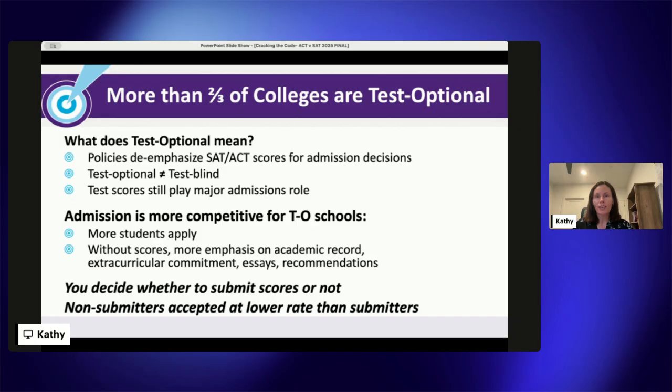One of the results was that once the testing requirement was removed, many students thought, great, now I can just apply to all these schools without test scores. And what that ended up doing was driving down admission rates as applications increased.